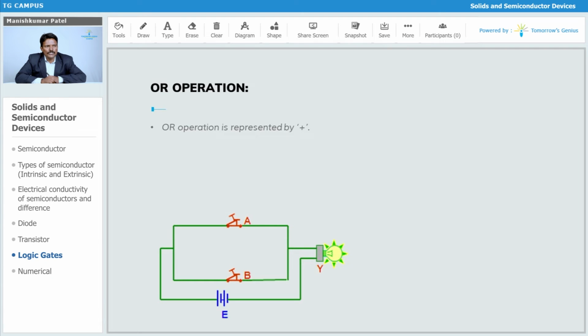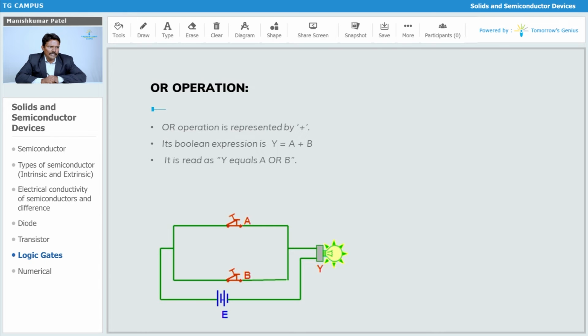Let's see the first Boolean operation, the OR operation, which is denoted by plus. If the Boolean expression is given by A plus B, what is the condition under which this bulb will glow?